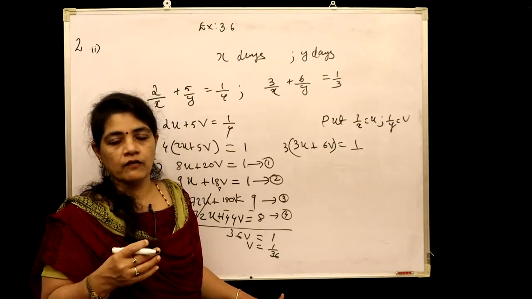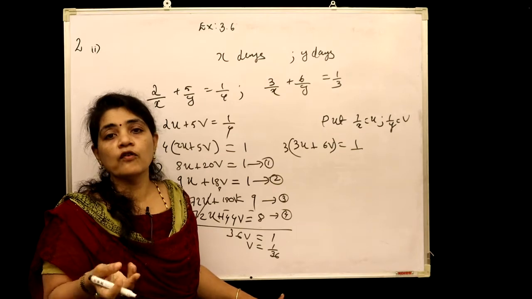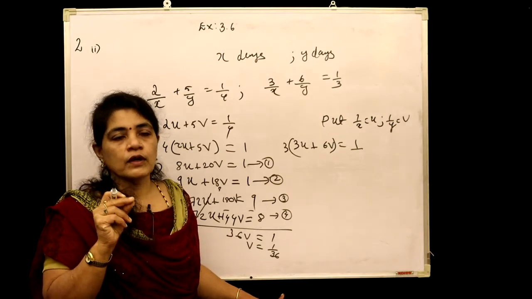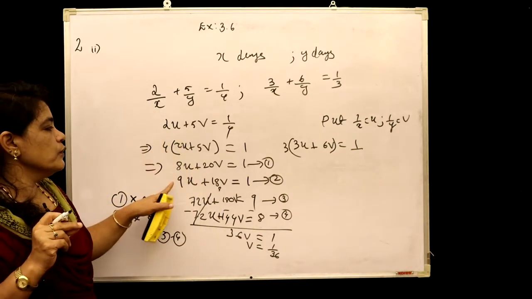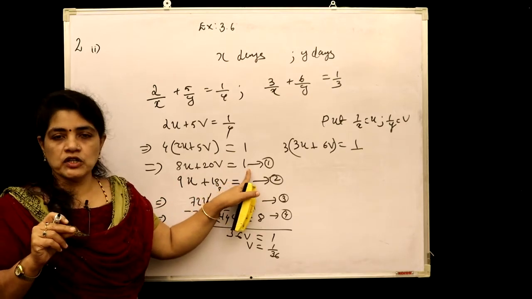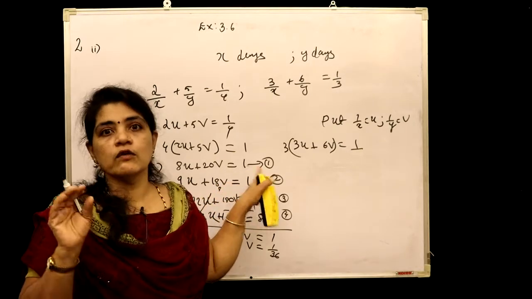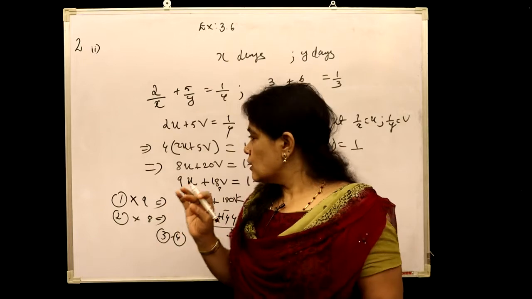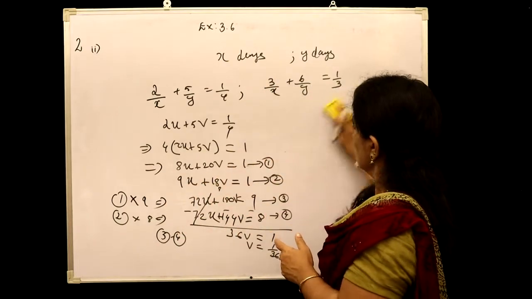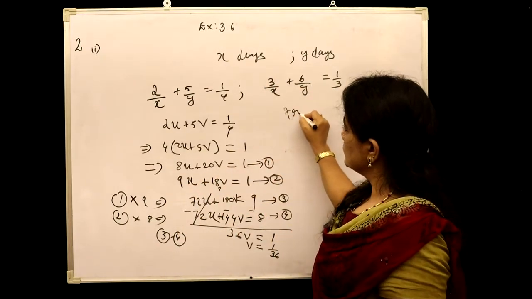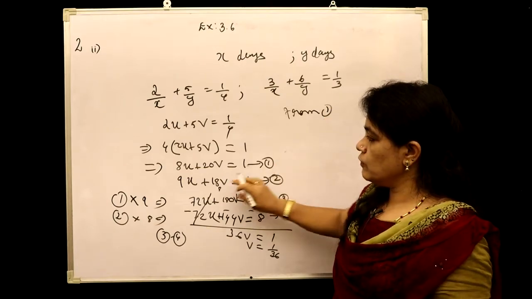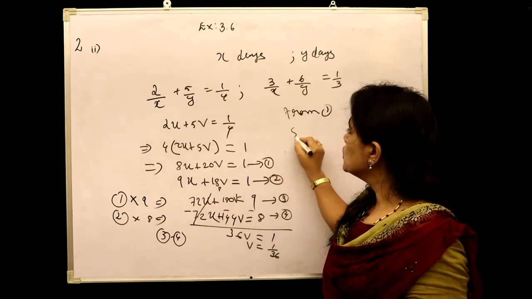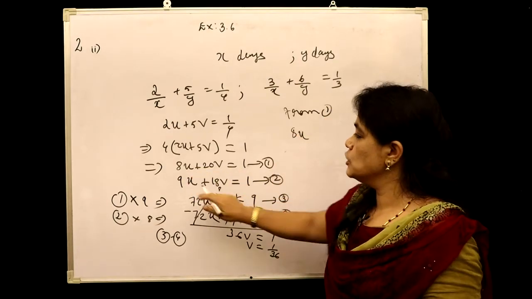Now we have to find the value of u. In order to get the value of u, you can substitute in equation number 1 or equation number 2. From equation number 1, we write with respect to u, the term containing u is 8u.